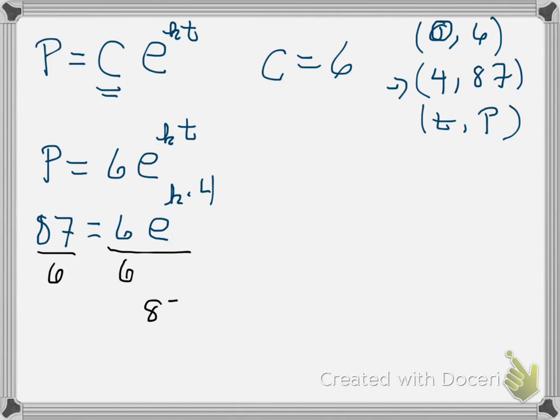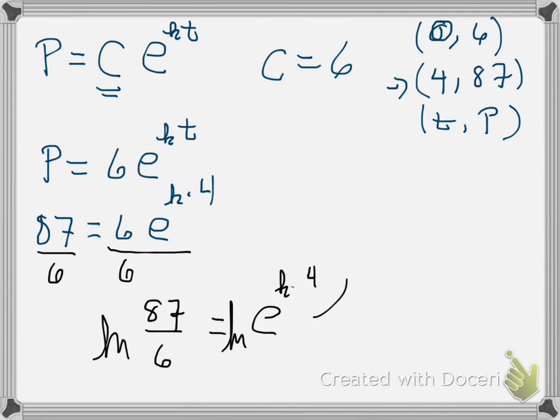So I get 87 over 6 equals e to the k times 4. So now if I take the natural log of each side, I get the natural log of 87 over 6 equals k times 4.